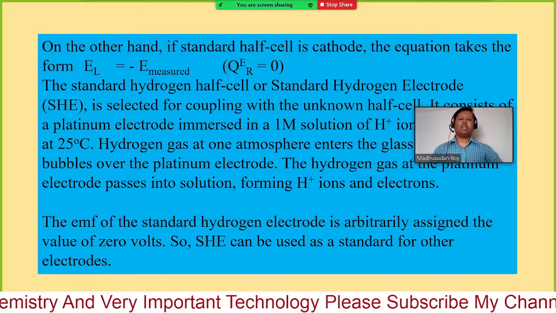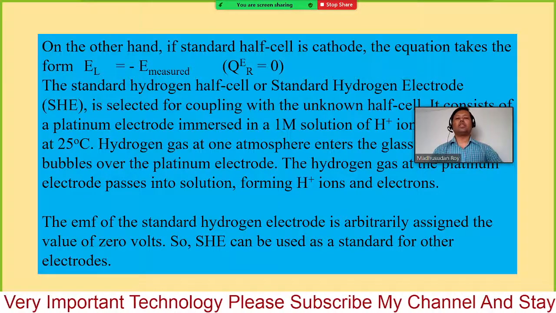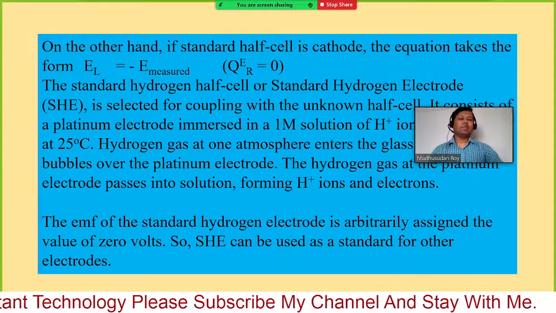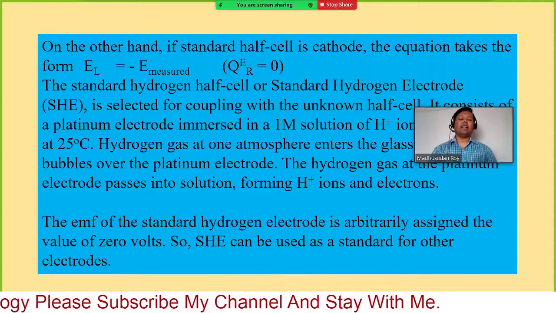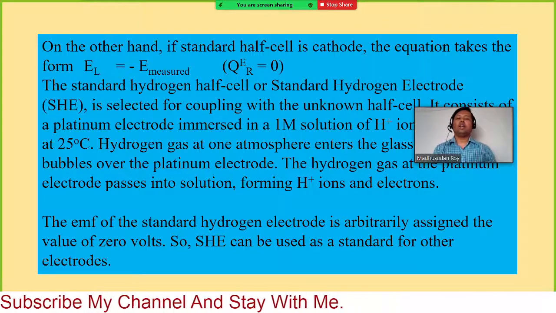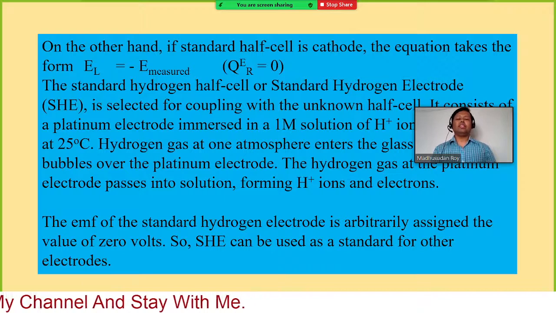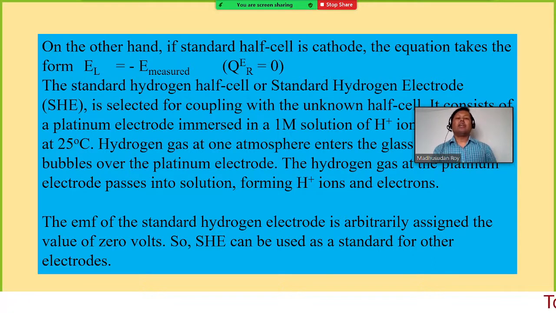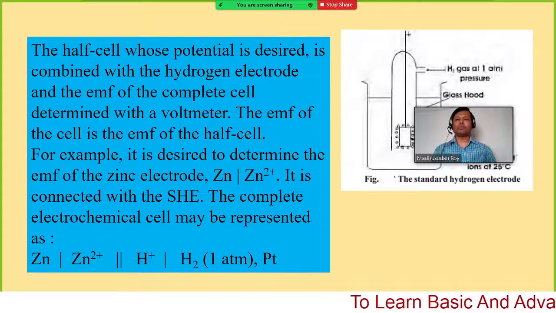So if you have some electrodes whose electrode potential you do not know, you can connect the hydrogen electrode to the half cell, measure the electrode potential using a voltmeter, and get the unknown half cell potential.